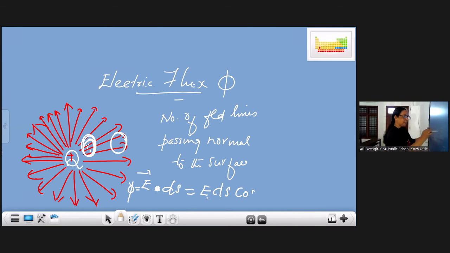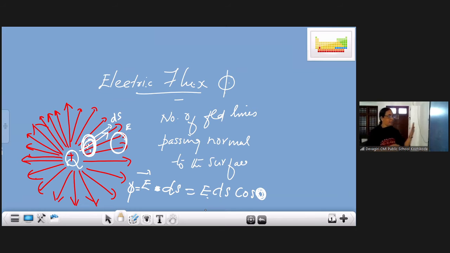E is like this. What is the direction of the area vector? I kept it perpendicular, and the area vector is a vector perpendicular to the surface, so it has the same direction. So the angle between E and ds is 0, they are parallel, cos 0 is 1, so I get a flux equal to E ds.